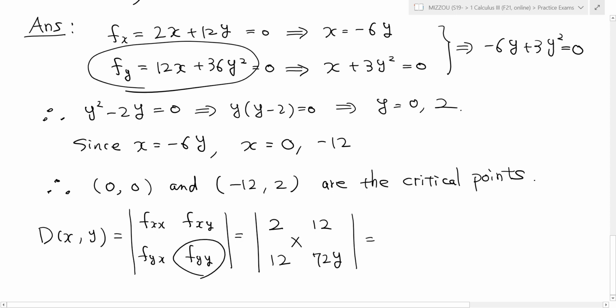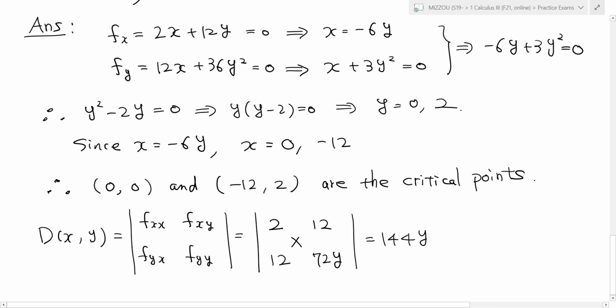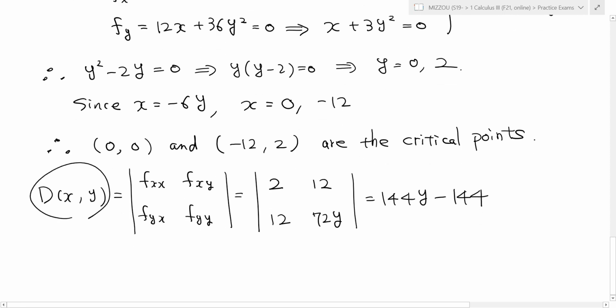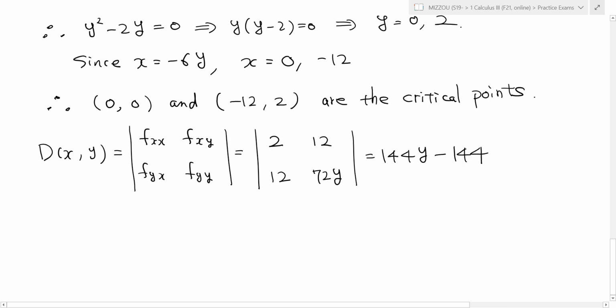If you multiply diagonally and subtract one from the other, you get 144y minus 144. Then we determine the value of D for each of those to check if it's a local maximum, local minimum, or a saddle point. First, let's take care of 0, 0.